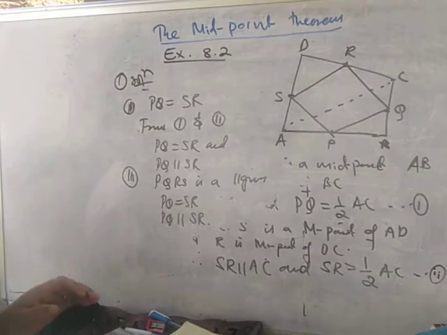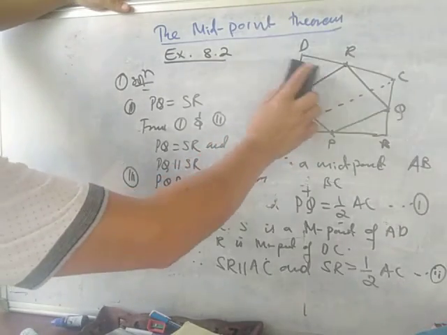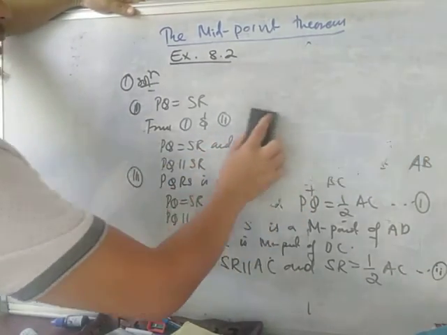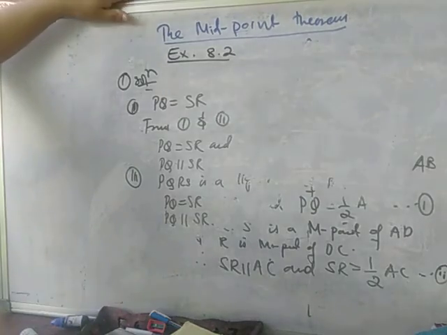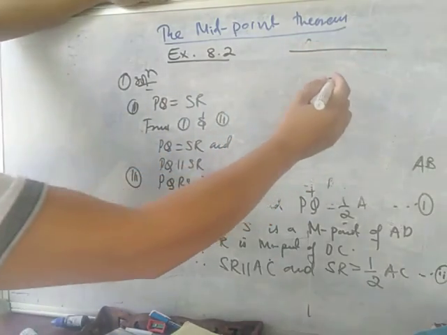So let's start question number 5. Okay, draw the figure first. Let me make the figure first, then we'll start. See, the figure is like this, isn't it? Very important question. Every year it used to come.